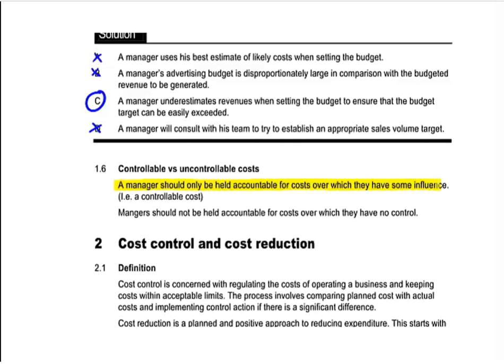So including in the performance of a manager something like a head office recharge is meaningless because they can't actually influence that head office recharge. Similarly, things like VAT, they're not going to be within their control. If the rate of VAT changes and their purchases increase, that's not the manager's fault, so we wouldn't want to be appraising them on that.